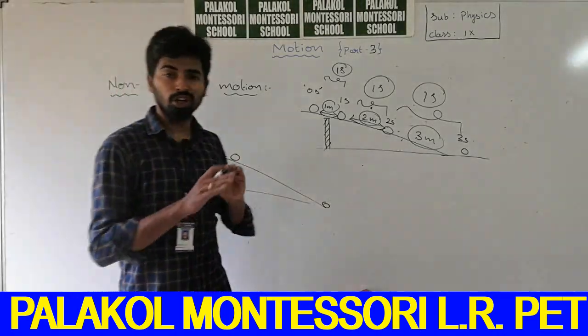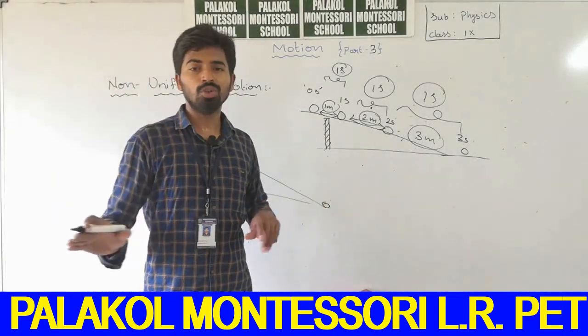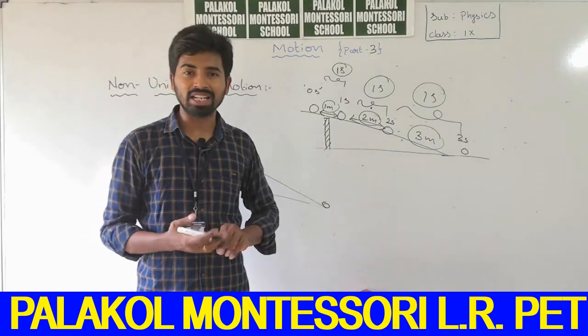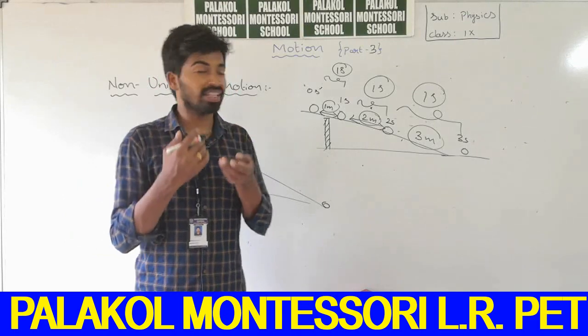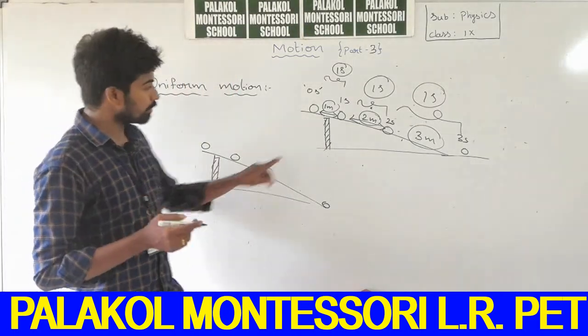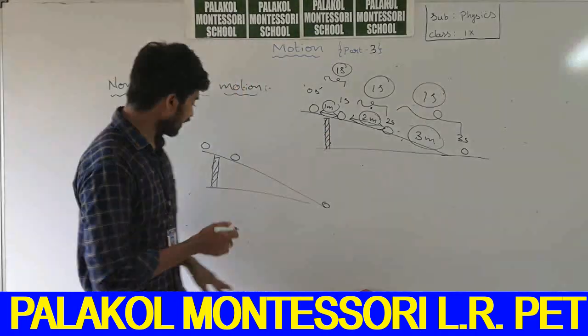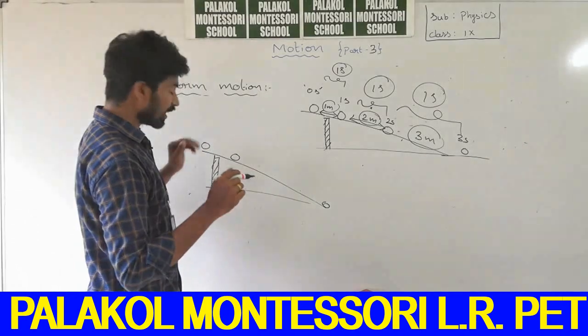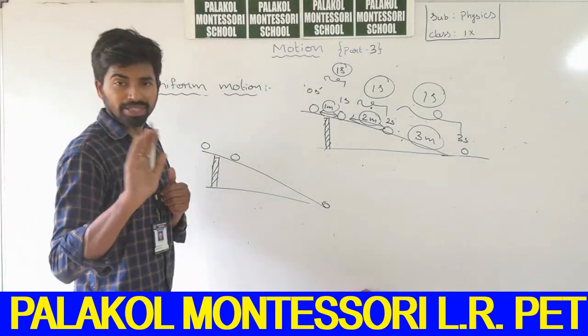Uniform means, all of you are wearing uniform, right? To have the same appearance, all must be equal, all must be the same, constant. The meaning of uniform is constant. Uniform motion means the same speed, but if you release a ball on an inclined plane, the speed is not the same.